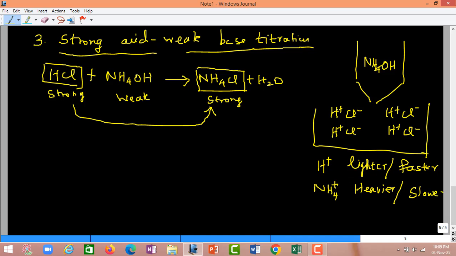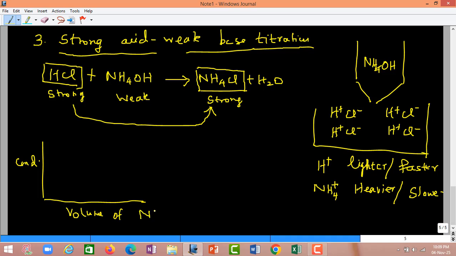Because the faster H plus ions are replaced by the slower NH4 plus ions, the speed will decrease and the conductance will also decrease. That is, you take conductance in the y-axis and volume of the base.